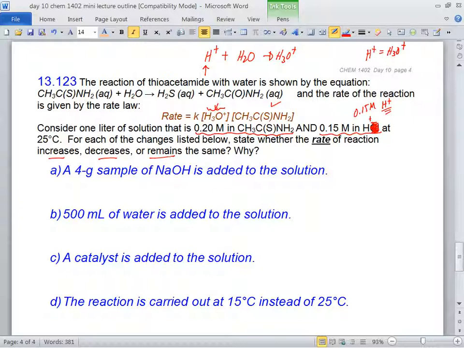So what we're going to do first, Kenneth, is add some sodium hydroxide. I don't even see NaOH in the rate law or in the reaction. Is that going to have any effect?